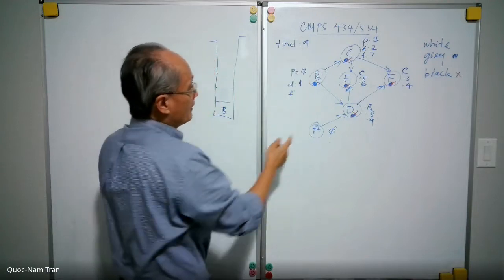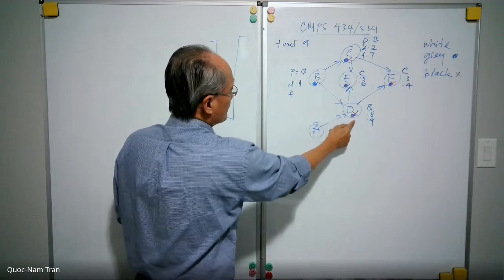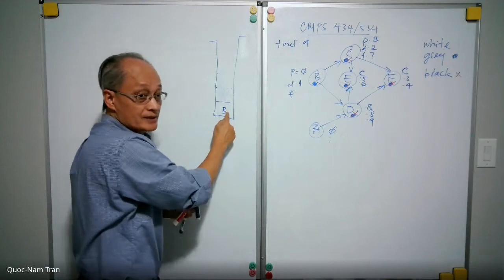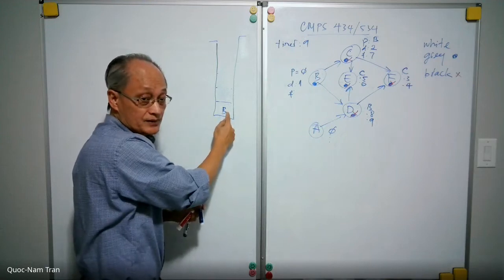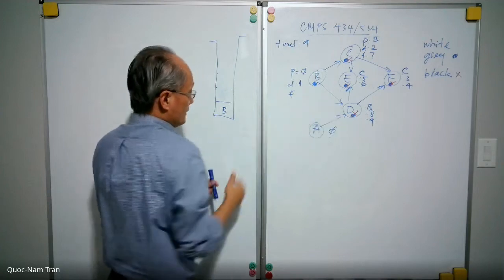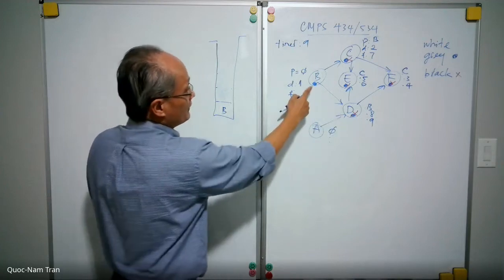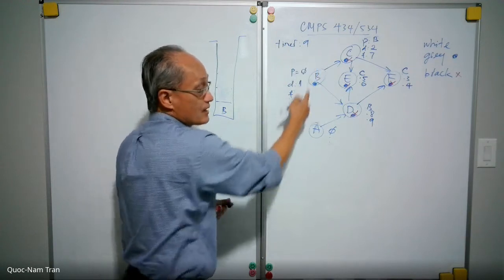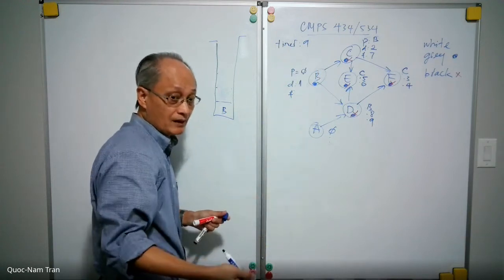So after we finish this, go back to B because B is the one on top of the working stack. From B, we have no more white adjacent nodes that have not been discovered.